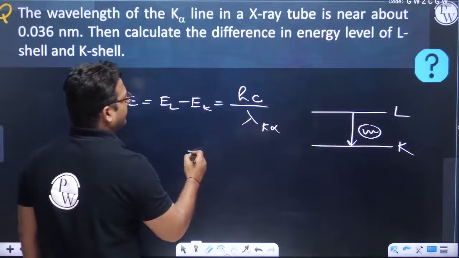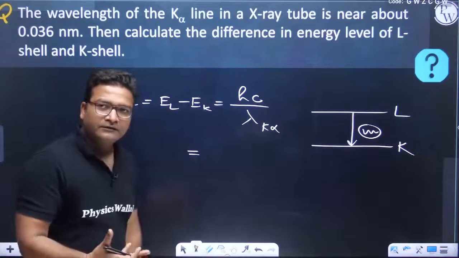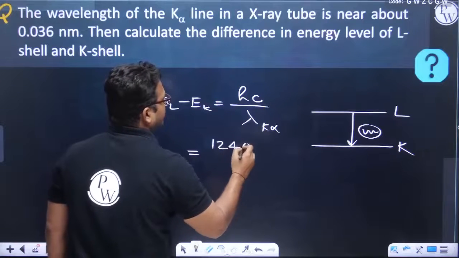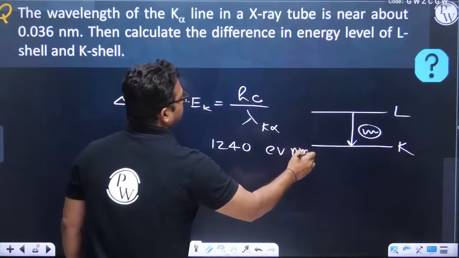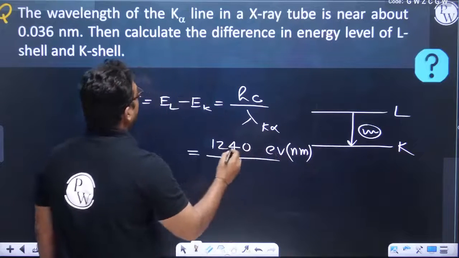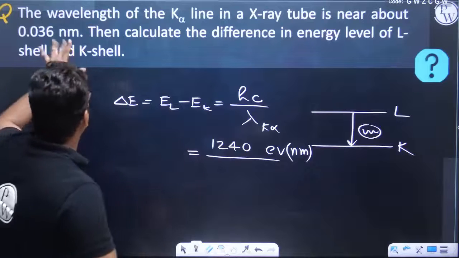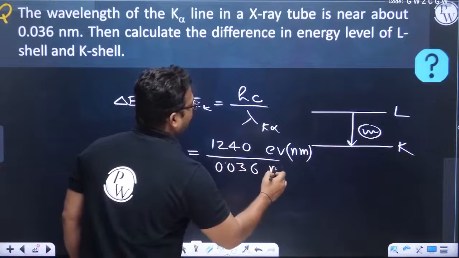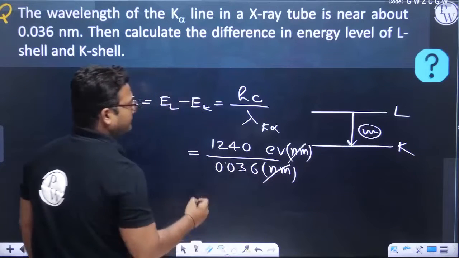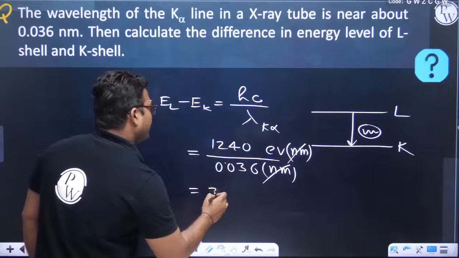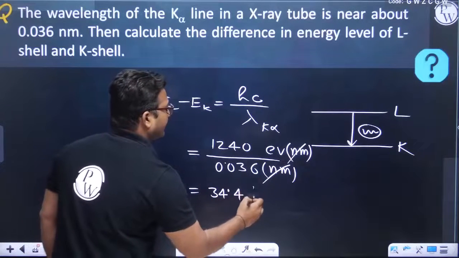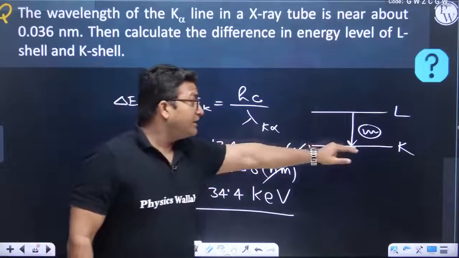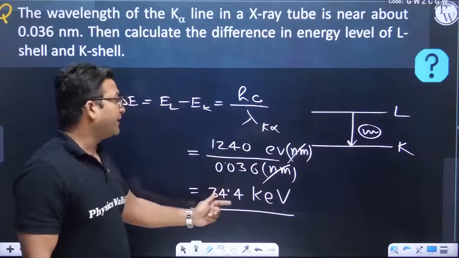If we calculate numerically, I can write hc as 1240 electron volt nanometer divided by lambda. So lambda we should put in nanometer. We have 0.036 nanometer. The nanometer cancels and we have nearly 34.4 kilo electron volt. So this is the energy difference between L shell and K shell, and that is your answer.